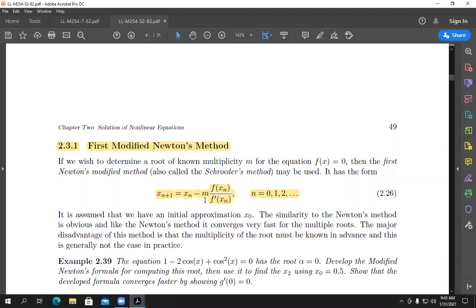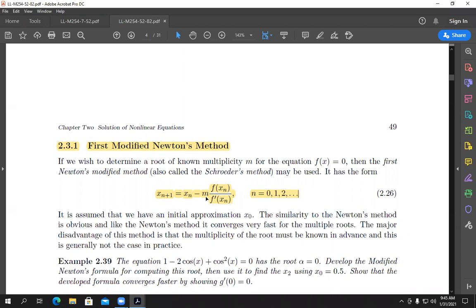If m is equal to 1, what does this become? Simple Newton method for the simple root. So the modification of simple Newton is only that we multiply by m, with the condition that m must be greater than 1. This is called the first modified Newton formula.